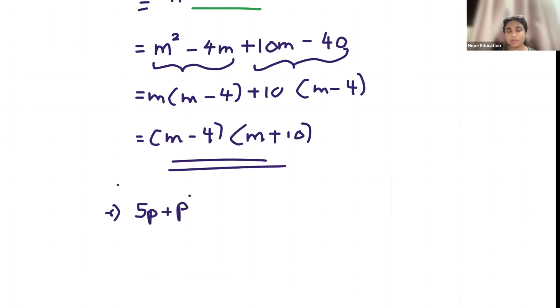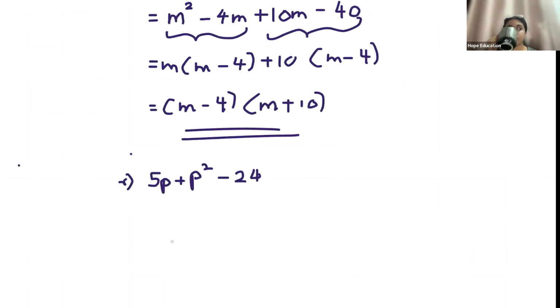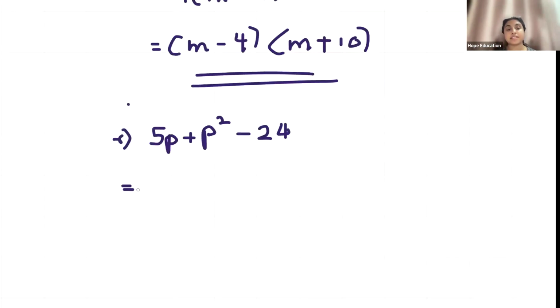Can you all hear me? So I'm going to rearrange and I'm going to bring p squared to the front. P squared. Then 5p, I'm going to take it to the middle. Minus 24, I'm going to keep at the end.